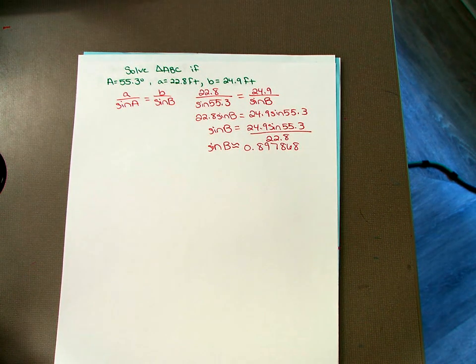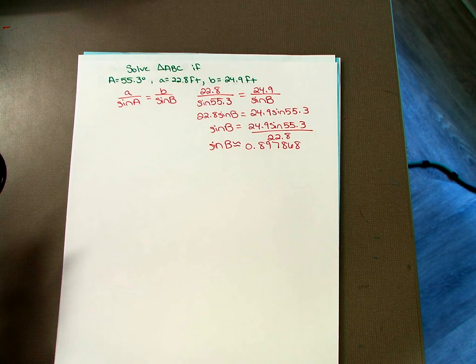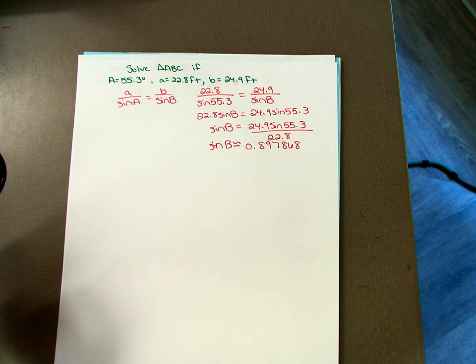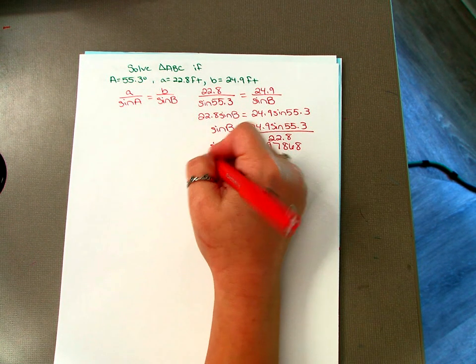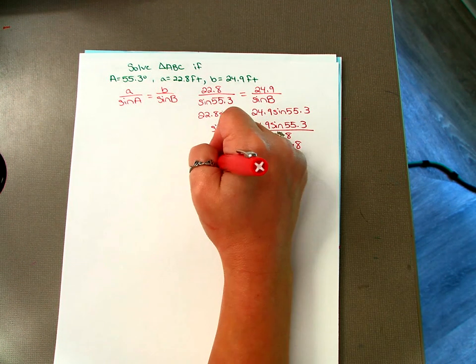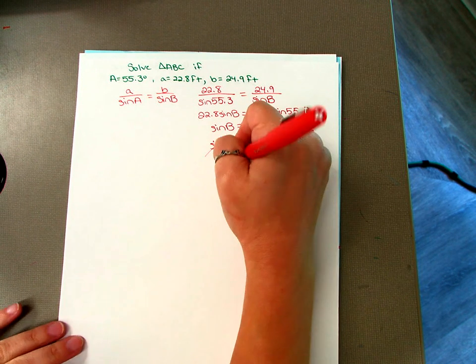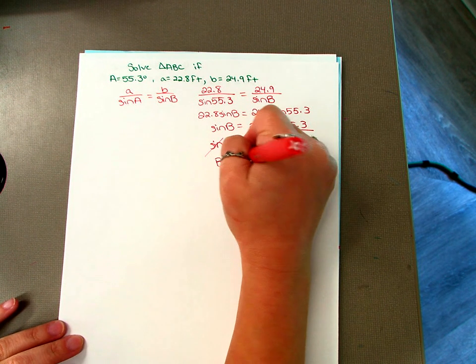Now that's what sine B is. That doesn't tell me what B is. How do we figure out what B is? Yeah, we have to do inverse sine. Because if we do inverse sine of both sides, that takes away the sine over here and we're left with just B. So B is the sine inverse of all of this.